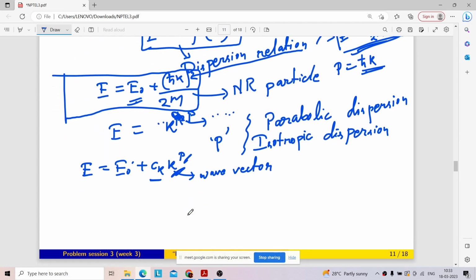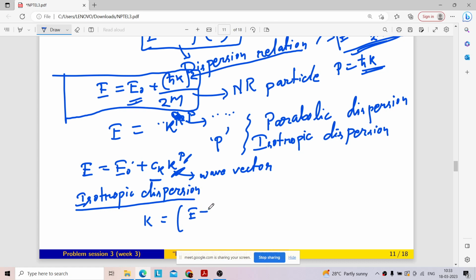So for isotropic dispersion, I'll get a relation between k and E as k equal to (E minus E0 over C) to the power 1 over p.